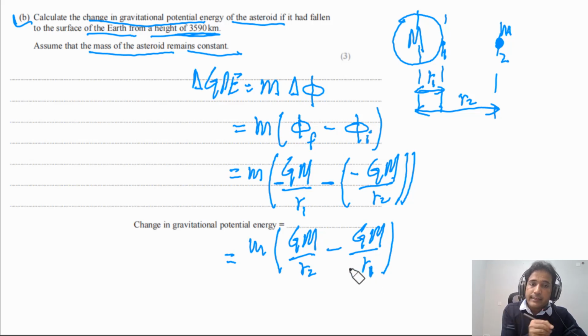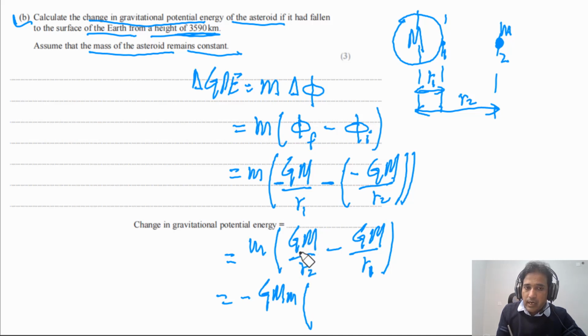Now if we take the negative out, along with G capital M small m, then this will be negative, this will be positive, so this will be Gm over R1 minus... actually we have taken it out already, so we can simply write down 1 over R1 minus 1 over R2.